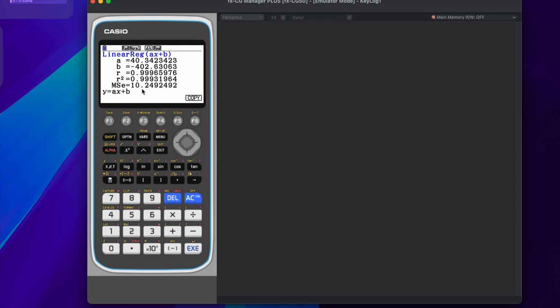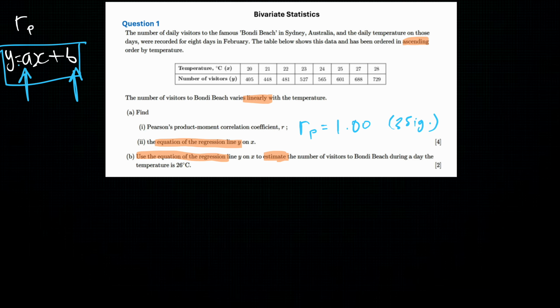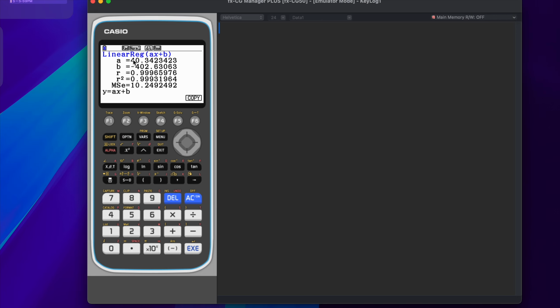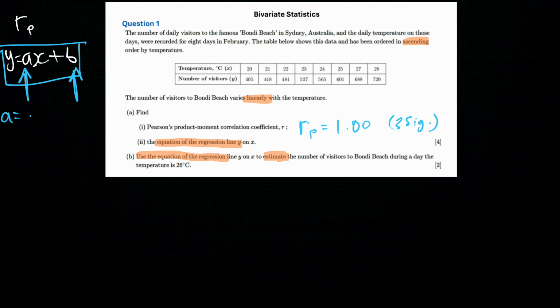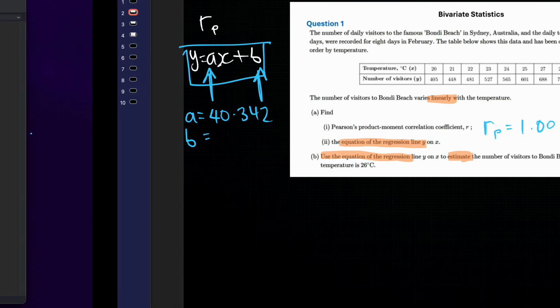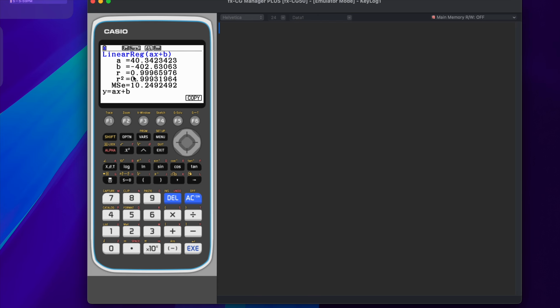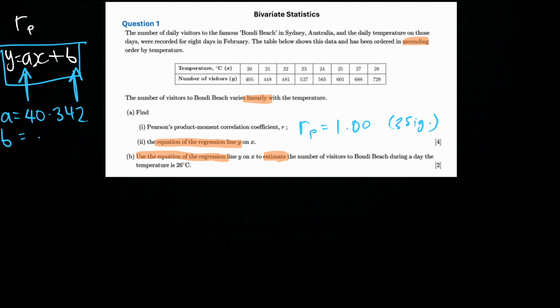And because we just calculated it, we can just recycle the a and b values that are provided right over here. So that means our a value is 40.342 and our b value is going to be negative 402.63.